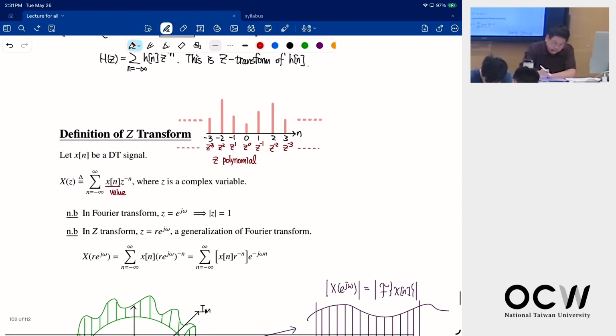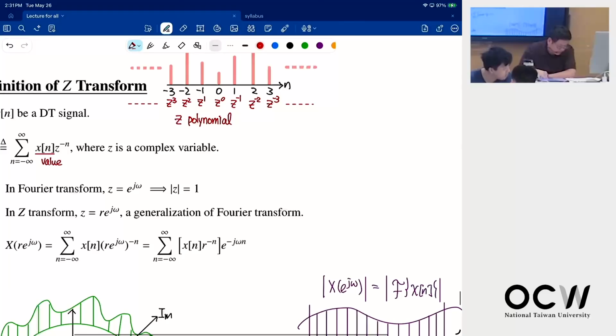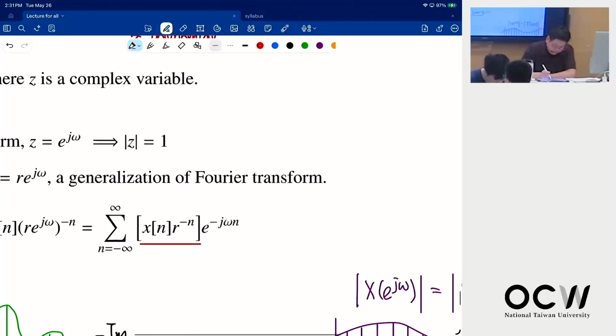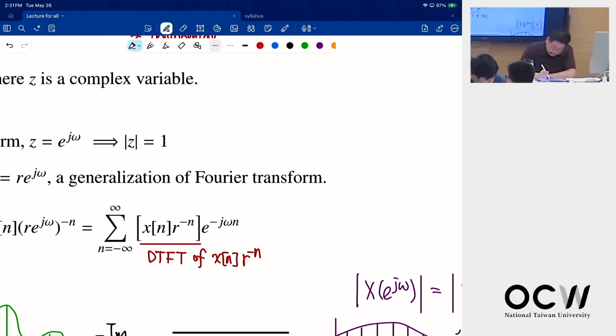We have the Fourier transform of this one. So here is the discrete time Fourier transform of x[n] r to the minus n.